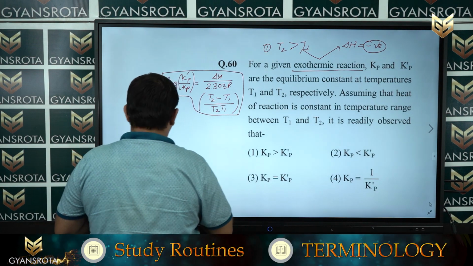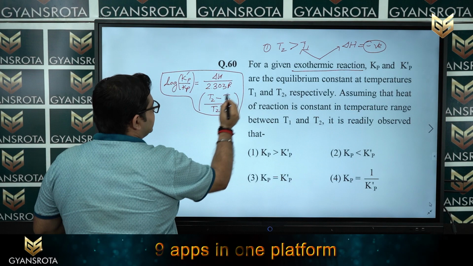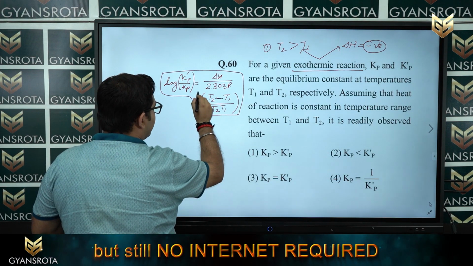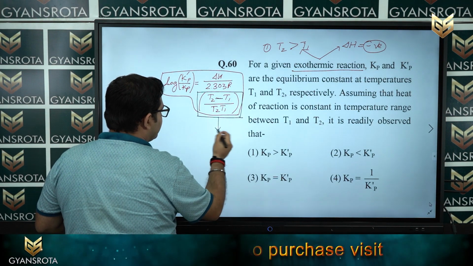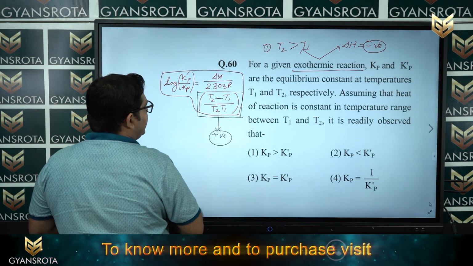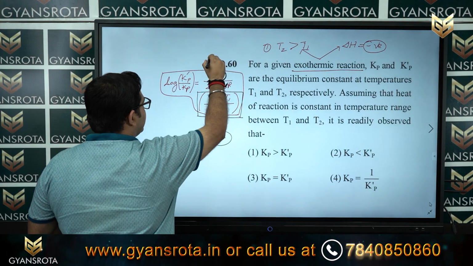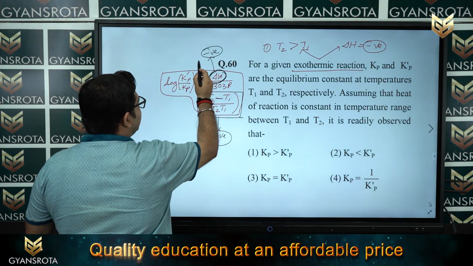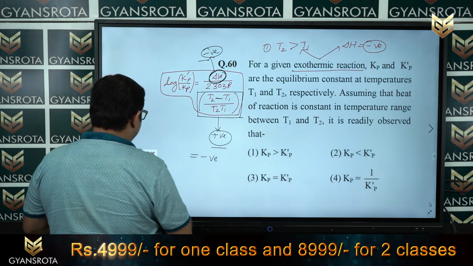Now, the first thing: T2 greater than T1 means this part, the black shaded part, has a positive value. And delta H, this rounded part, is negative. A negative and a positive result in a negative.